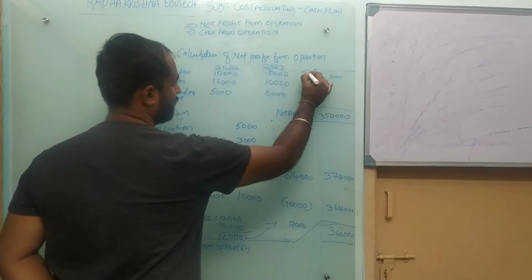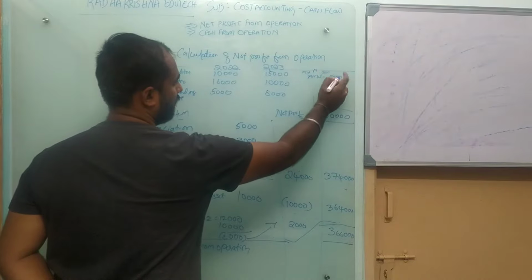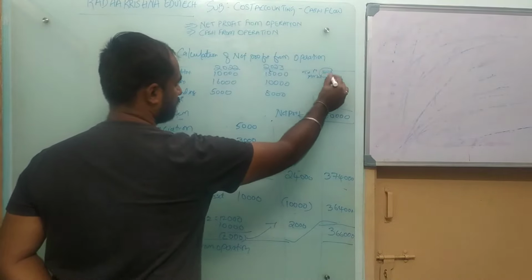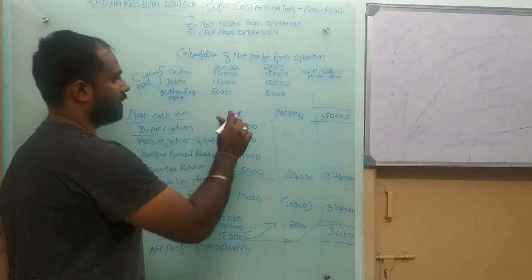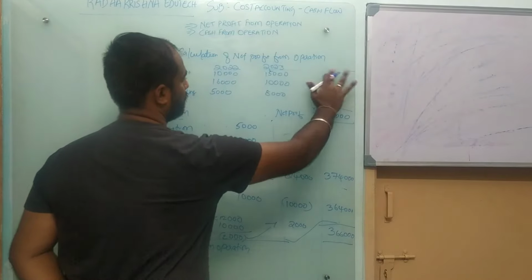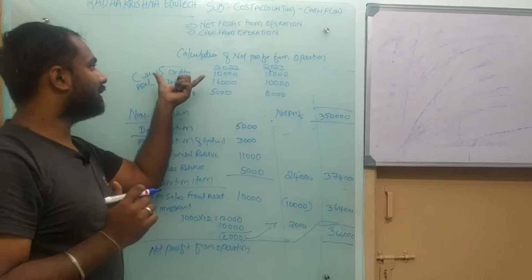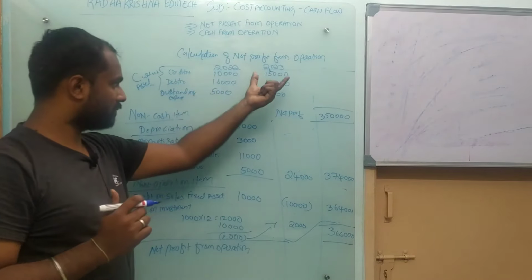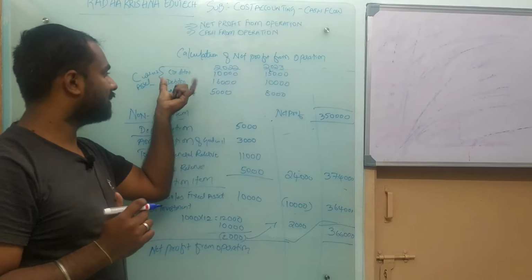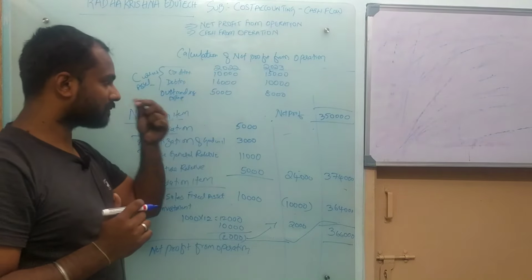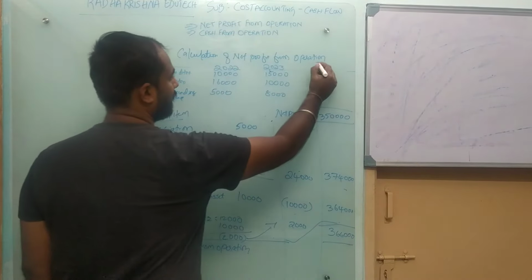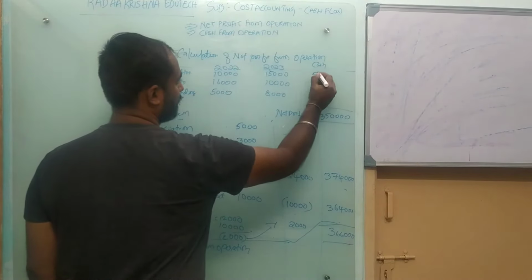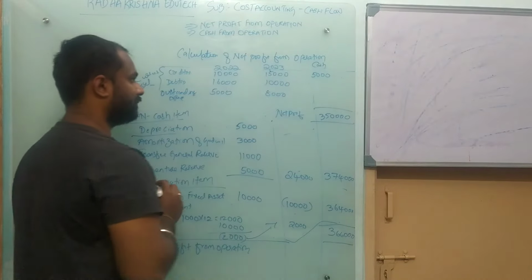Telephone expense 5,000 and Airtel is the vendor I am thinking of. So when there is an increase in creditors, there is an increase in cash. So cash has increased by 5,000.